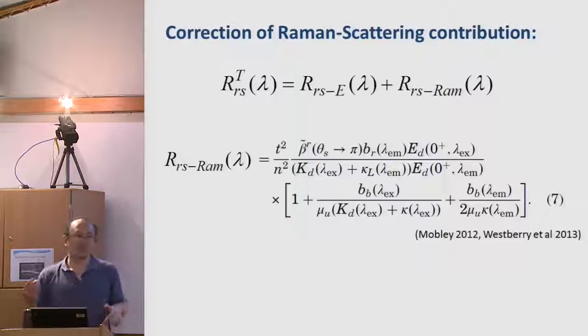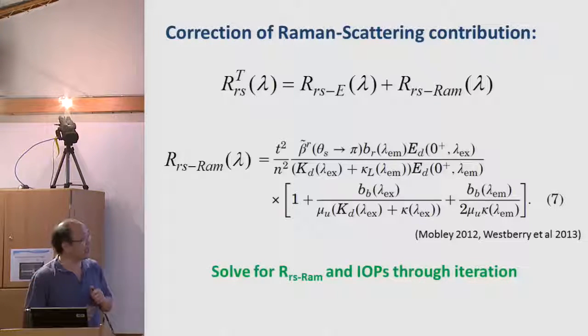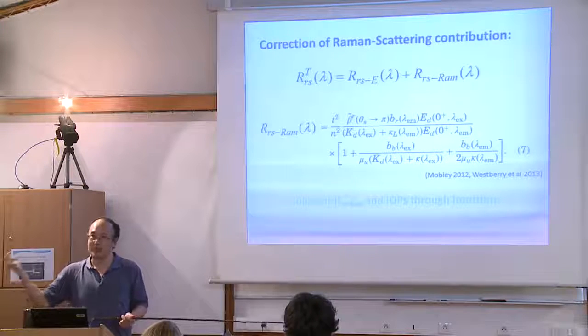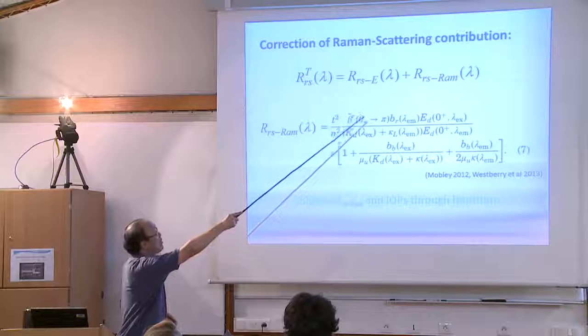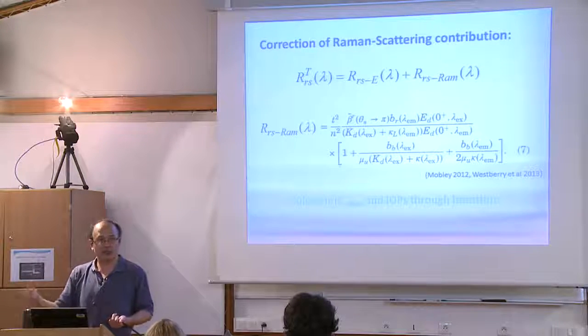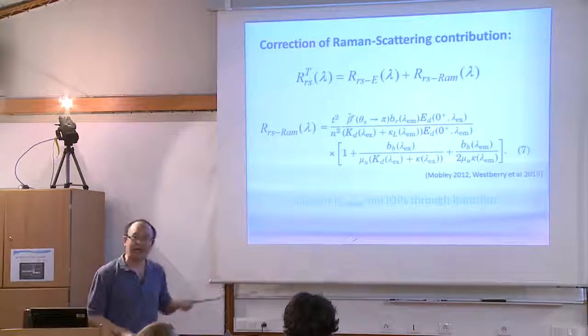This is a more radiative transfer-based approach, but it's more complex. The way to solve this, as shown in Westberry's paper, is to do it iteratively. You assume nothing there, you get IOPs, then you can estimate this contribution, subtract that off, and do the calculation again, so you iteratively get the Raman component and the IOPs.